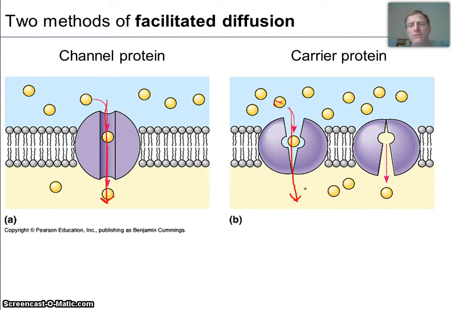And we have examples of these in our lungs, where we have too many chloride ions in our cells, and carrier proteins will actually bind to them and move them out of our cells and allow our cells to maintain the proper salt concentration. If we don't have those proteins, you have a disease called cystic fibrosis, where you can't move the excess chloride ions out of our lung cells. But again, these are examples of facilitated diffusion, proteins allowing things to diffuse from high concentration to low concentration.